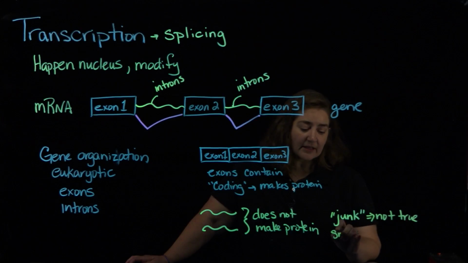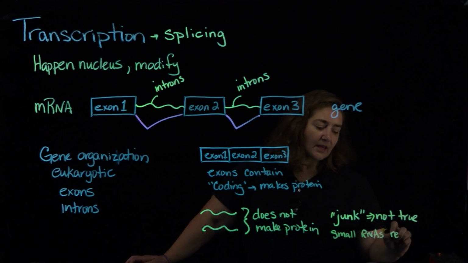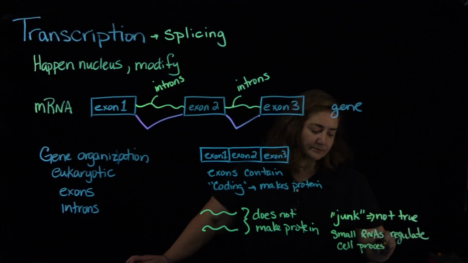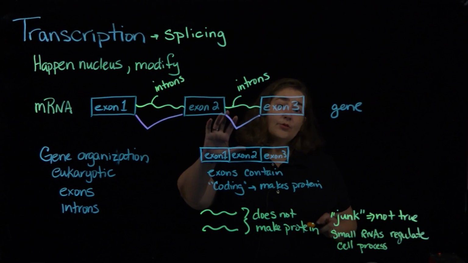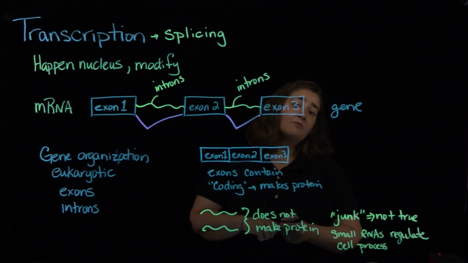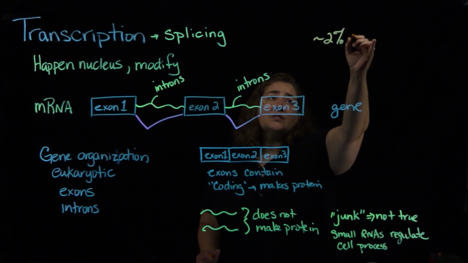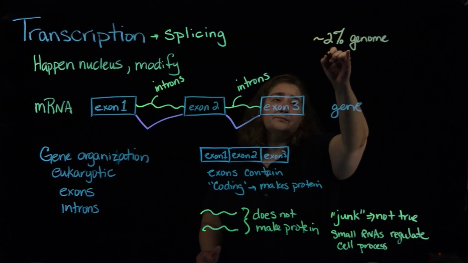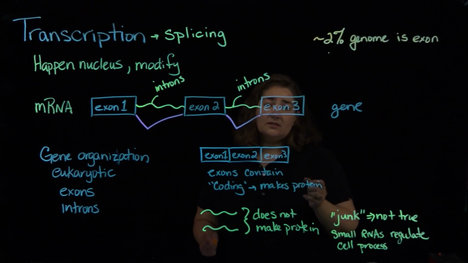Those small RNAs can be used to regulate cell processes. And that's important because when we're talking about the proportion of your DNA that makes up exons, approximately 2% of your genome, your DNA, is going to exist as exons, okay?